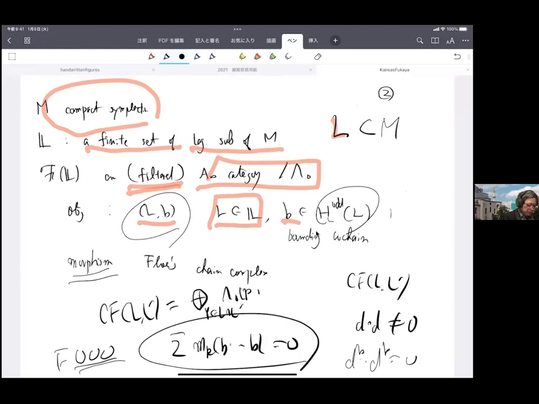But in some cases, especially if L is equal to L prime, it is not transversal but still clean. In these cases you can either take the homology group, or maybe take the de Rham complex or anything like that. Okay, so this is an A-infinity category.